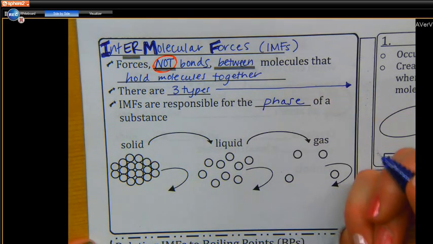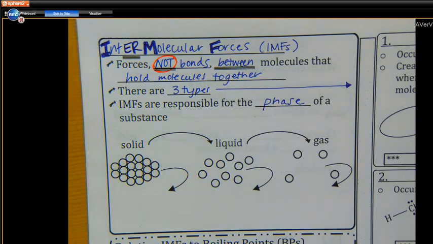That's keeping them together. That attractive force between the molecules is strong. It's holding them all together.